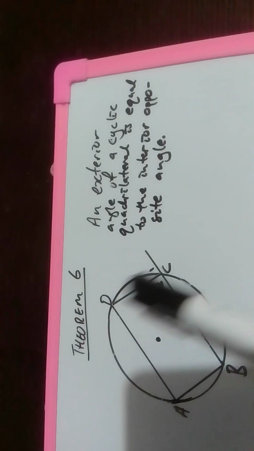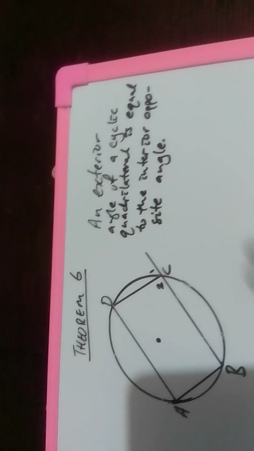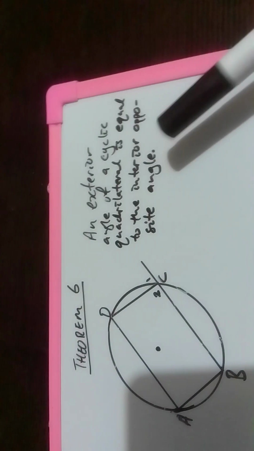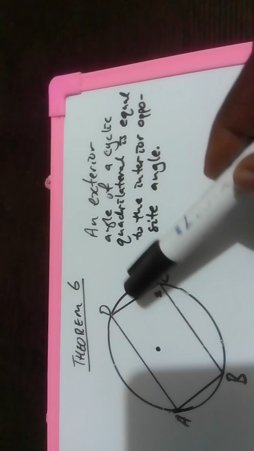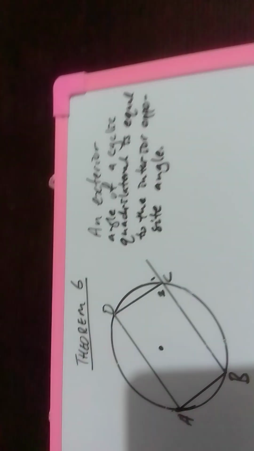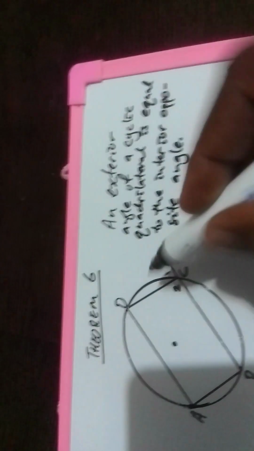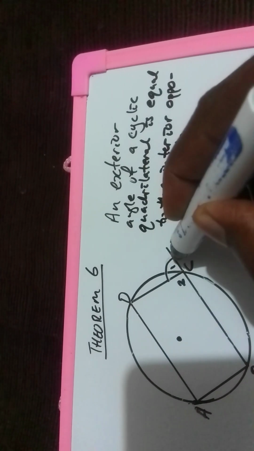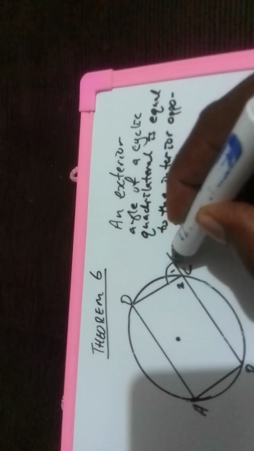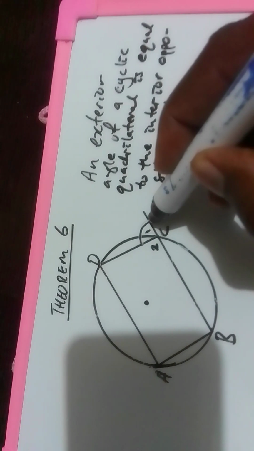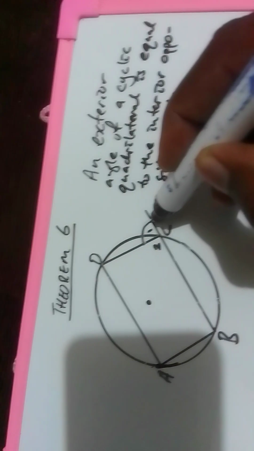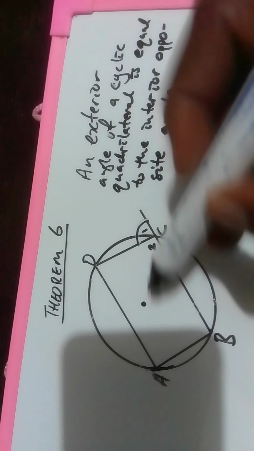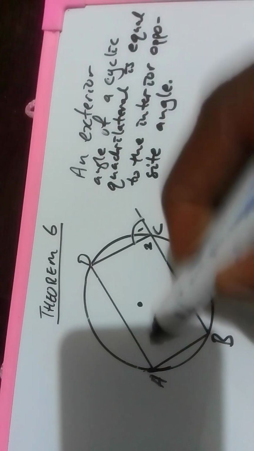A, B, C, D, that's the cyclic quad. But exterior means outside. We have got this angle C1 which is outside. So we are being told that this angle C1 here, which is outside, is equal to what? To the interior opposite angle. So the opposite angle which is found inside this quadrilateral is angle what?